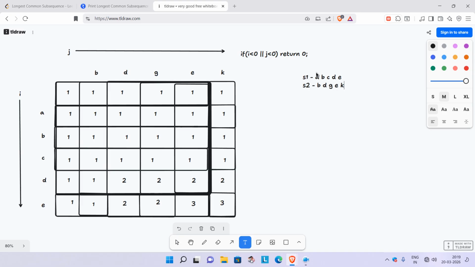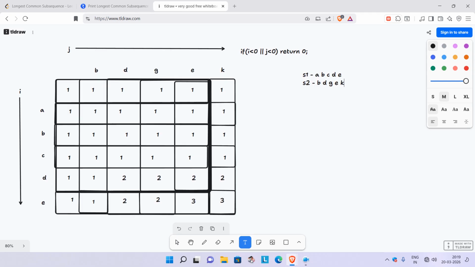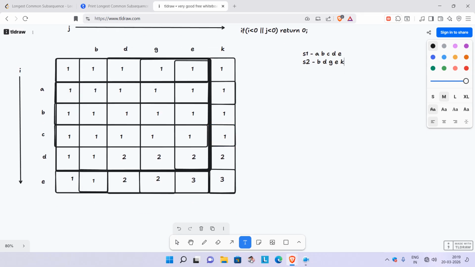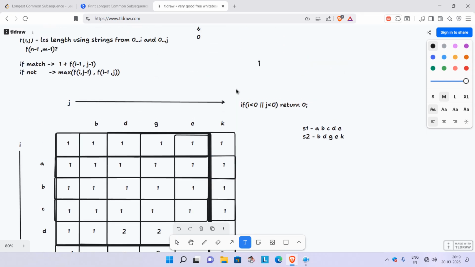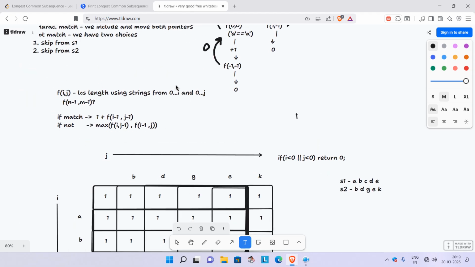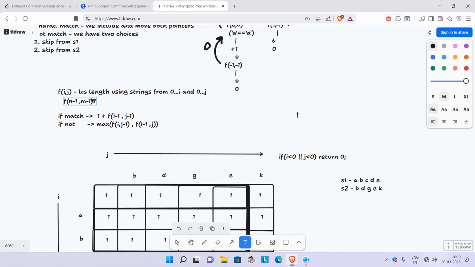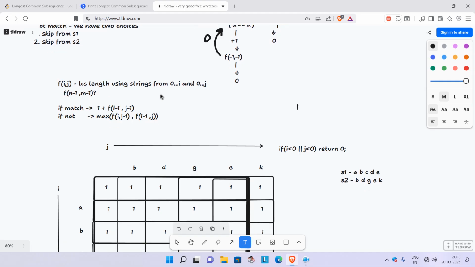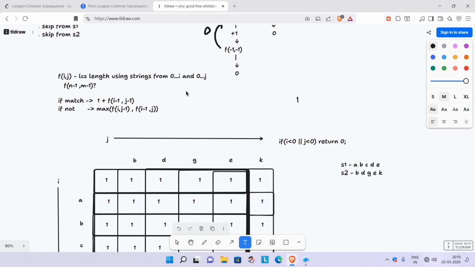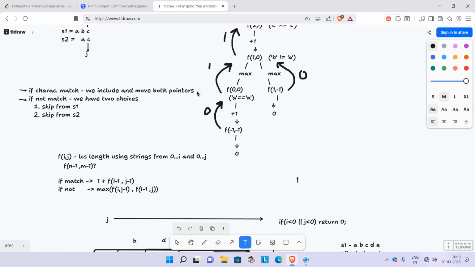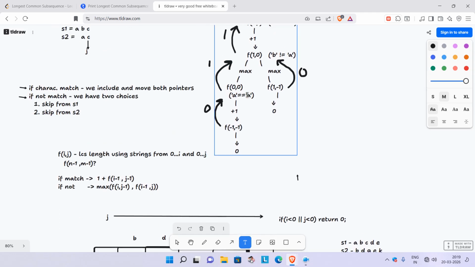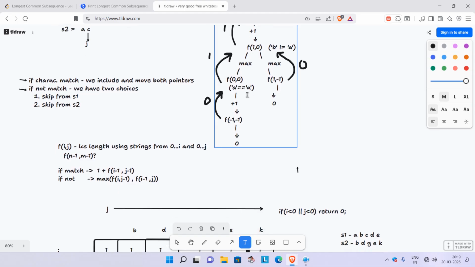So this is the question. These are the two strings. These are the states I defined for the recursion. If we draw the whole recursion tree, we see that many states are repeated.